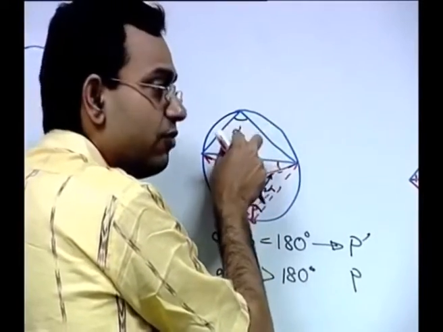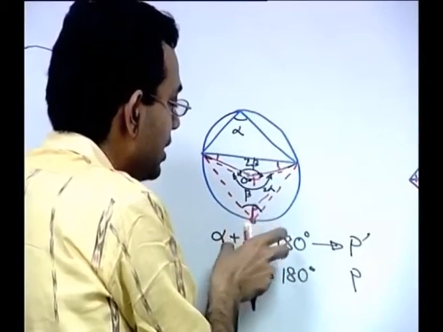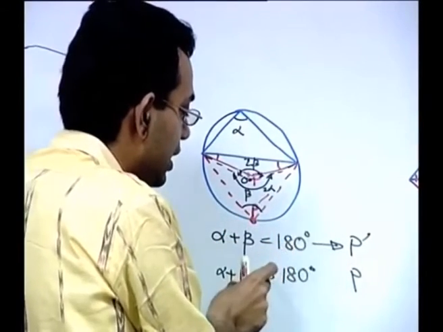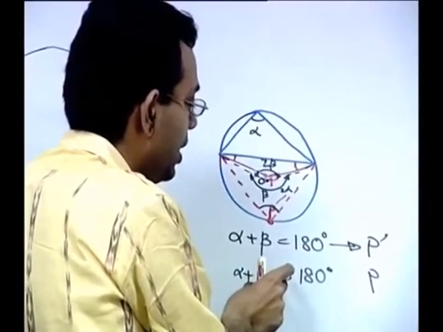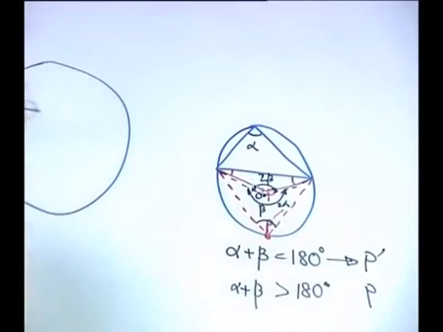For a particular alpha, this angle beta increases. So if for the point P dash it was alpha plus beta equal to 180 degrees, for the point P the beta will be greater than the case with P dash, so that will be greater than 180 degrees.